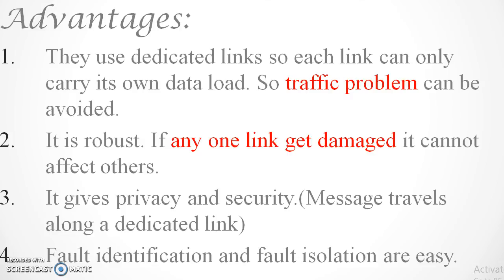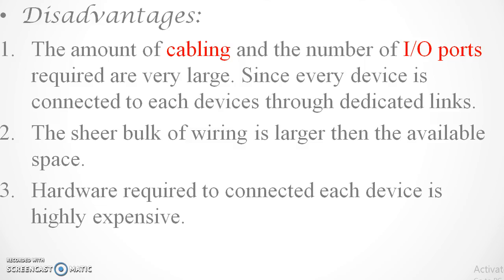The third advantage is that it gives privacy and security because the message travels only along the dedicated link. The last one is that fault identification and fault isolation is very easy in case of mesh topology. So these are the advantages of mesh topology.